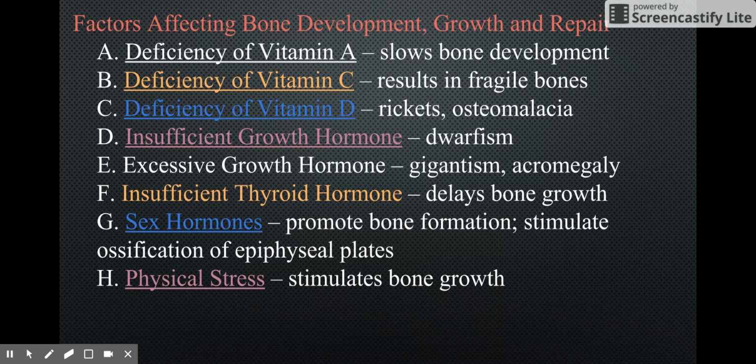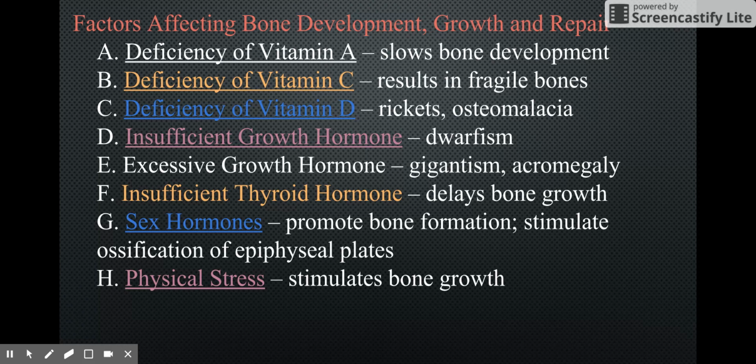Now, your body's internal environment is very, very important to making your bones grow properly, and these are some of the things that can cause issues. If you're deficient in some of your vitamins, you're going to get fragile bones, and it's going to slow down your development. Insufficient growth hormone is going to produce dwarfism in some individuals, whereas an excess gives us gigantism. Thyroid hormone levels not being proper is going to delay that bone growth as well.